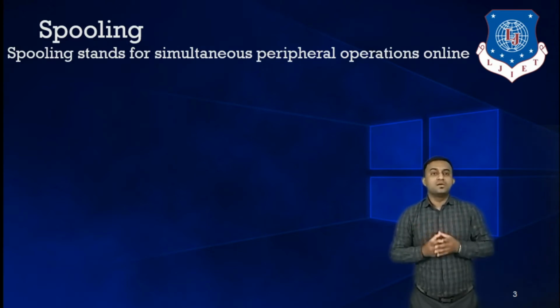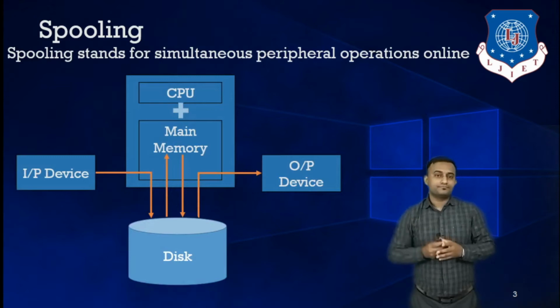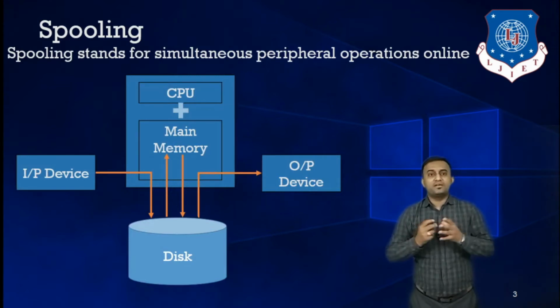Now let us discuss the working of spooling with the help of this diagram. In batch operating system, the computer system mainly consists of two components: CPU and memory. But in this case, the computer system is categorized into two different types of memory, meaning we are going to use the concept of memory hierarchy.